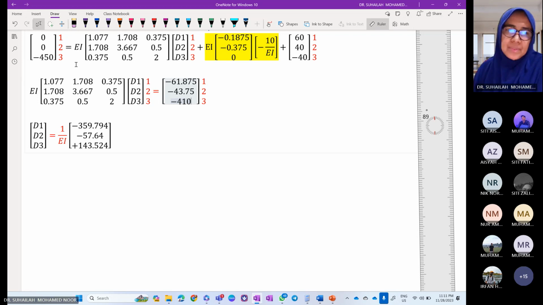Because after this, we want to compare the vertical reaction at D before and after support settlement.